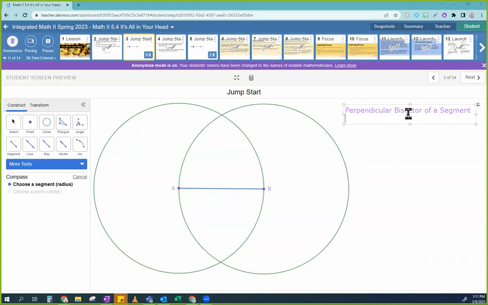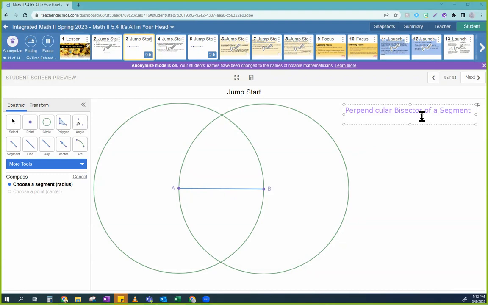What does bisector mean? What does the word bisector mean? Yes, bisect means to cut it into two congruent parts.